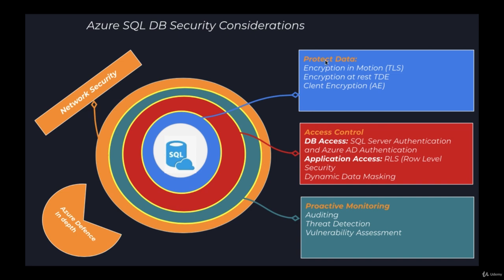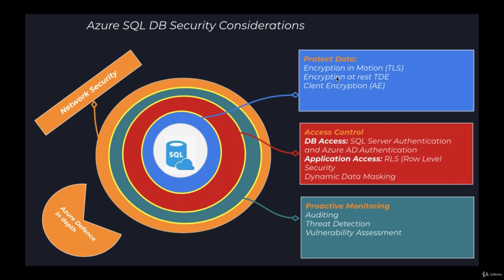The first one is network security: to allow access to the SQL databases, we can allow which VNets and networks are allowed to connect. In addition to that, we have protection of data. Don't worry, we'll have subsequent lectures studying each of these in detail. In this lecture, it's just a quick overview.